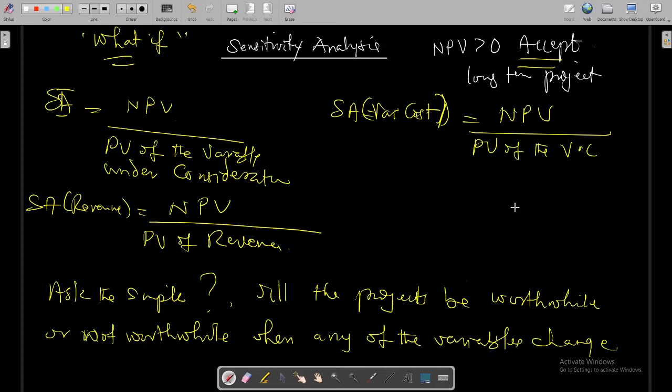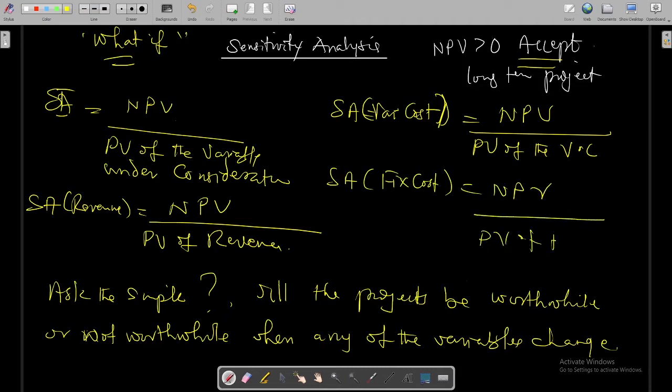Likewise, if you want to find the sensitivity of a project to the fixed cost, it is going to be the NPV over the PV of fixed cost. So how do you find the PV of the fixed cost, PV of revenue, PV of the variable cost?